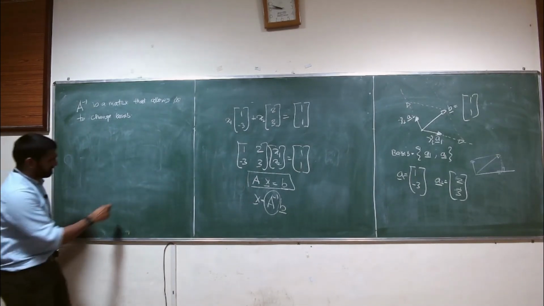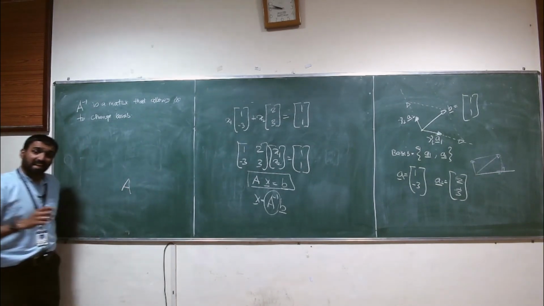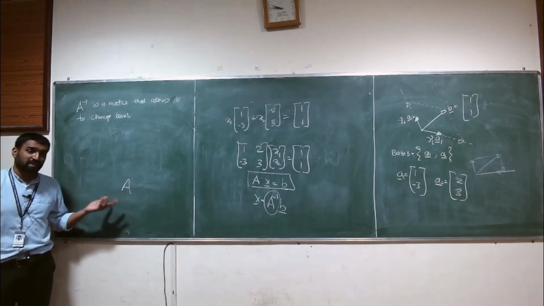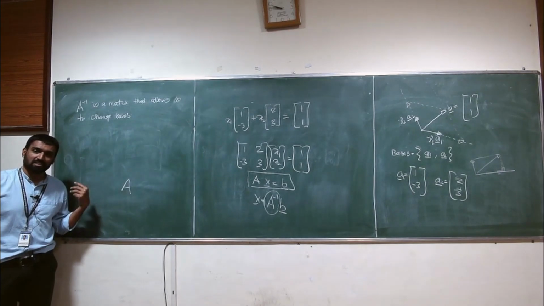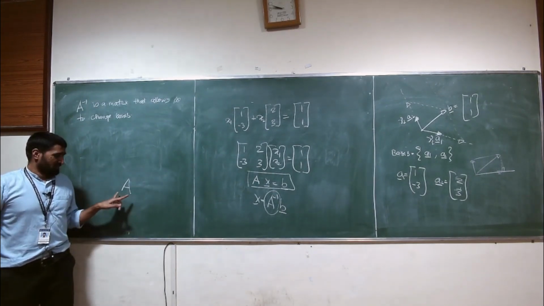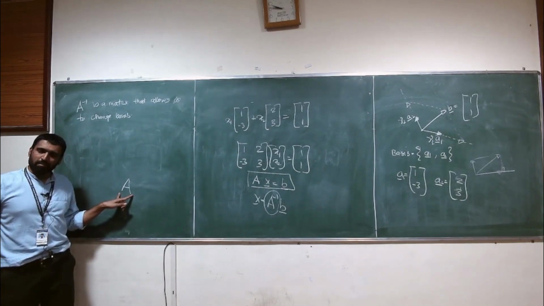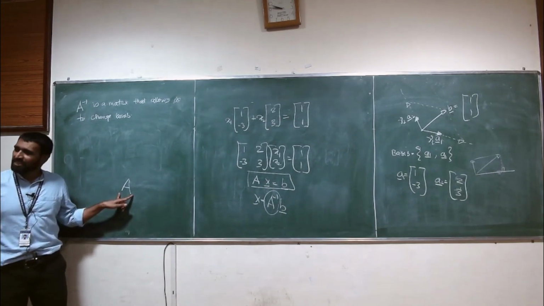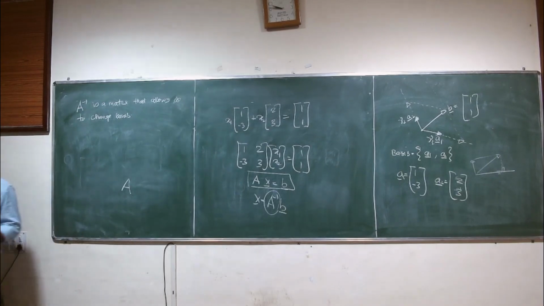Let me ask you this. Can you think of A as a matrix that allows change in, wait, let me restate it. Is A a matrix that allows you to change basis? If so, to what basis does it allow you to change to?